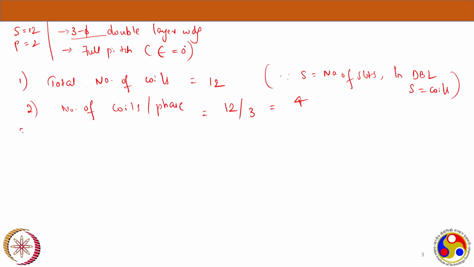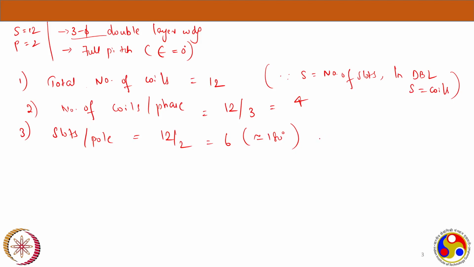Now the third point, slots per pole. 12 by 2, it's a 12 slot machine and 2 pole machine. So 6. Each pole should have 6 slots that is swept across 180 degrees electrical. That's the 180 degree spread you will see for each pole.